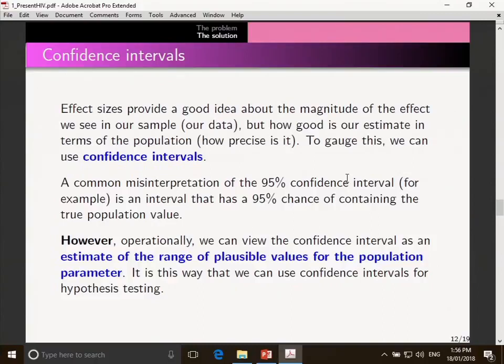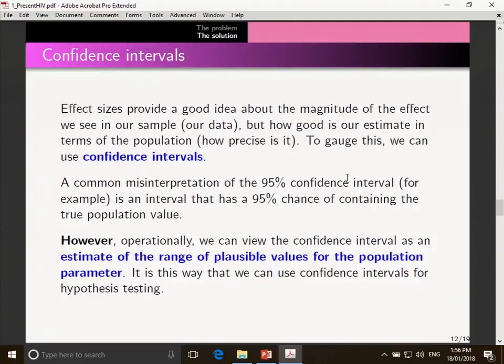And I think what we can do is provide a simplified statement. Operationally, we can view the confidence interval as an estimate of a range of plausible values for our population effect size, a viable range for our true odds ratio, for example.